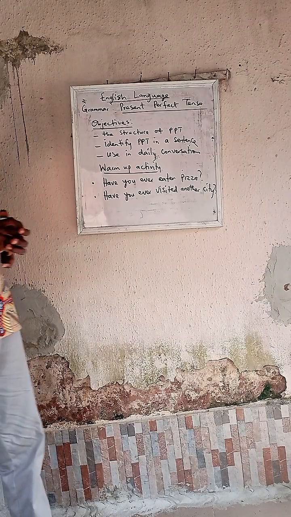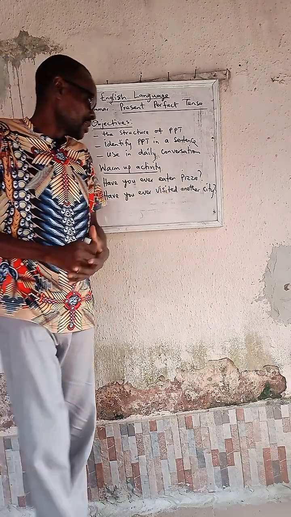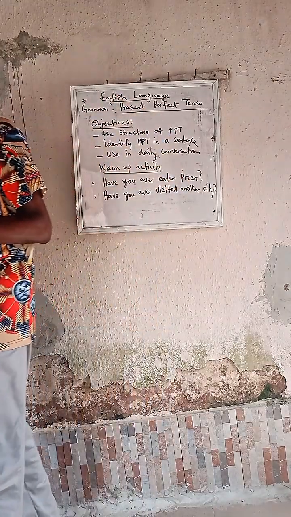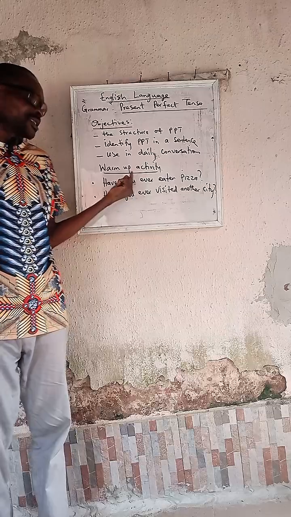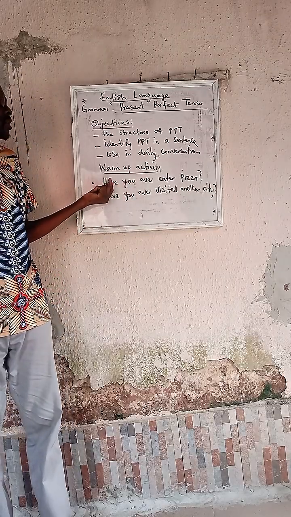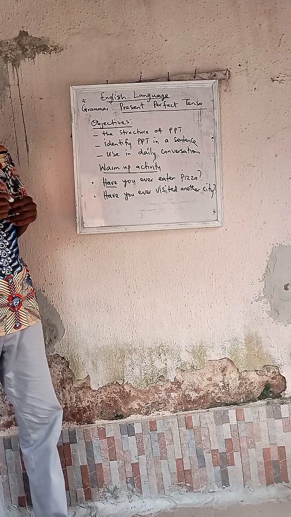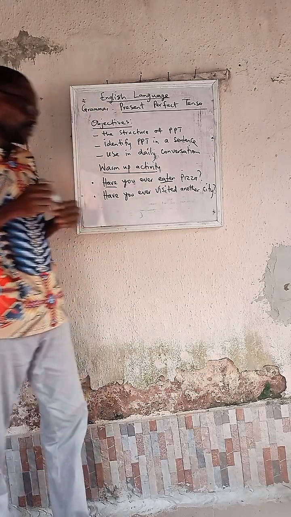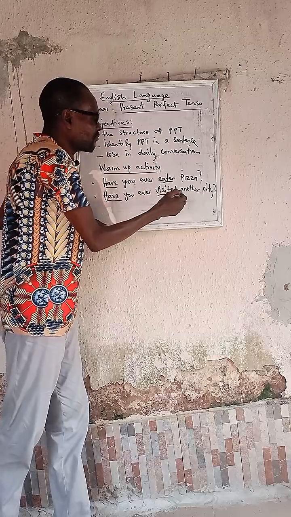Okay, yes, I have. Good. Now, have you ever visited another city? No, you haven't. Good. So take note of these sentences. Take note of the use of have and eaten, and have and visited.